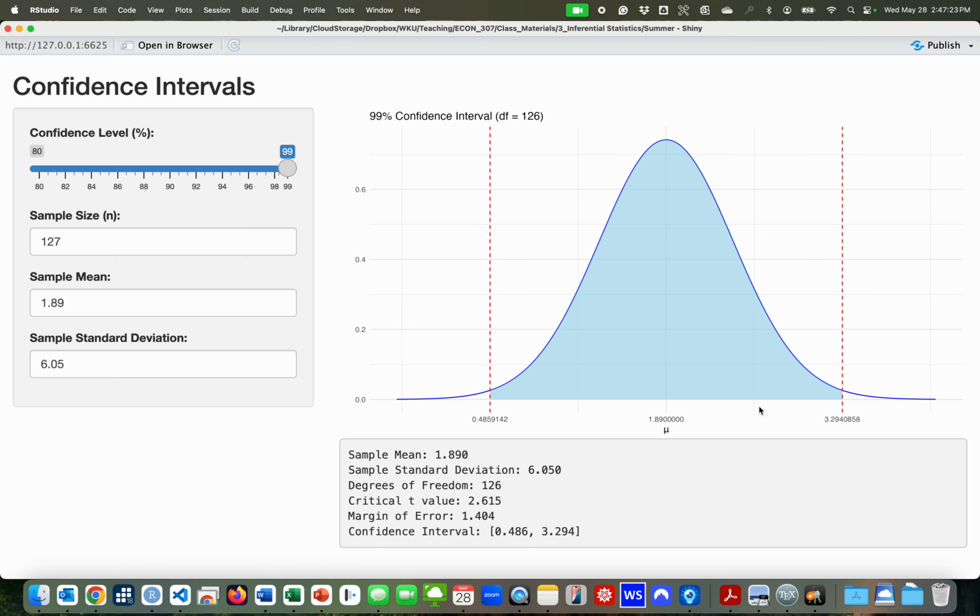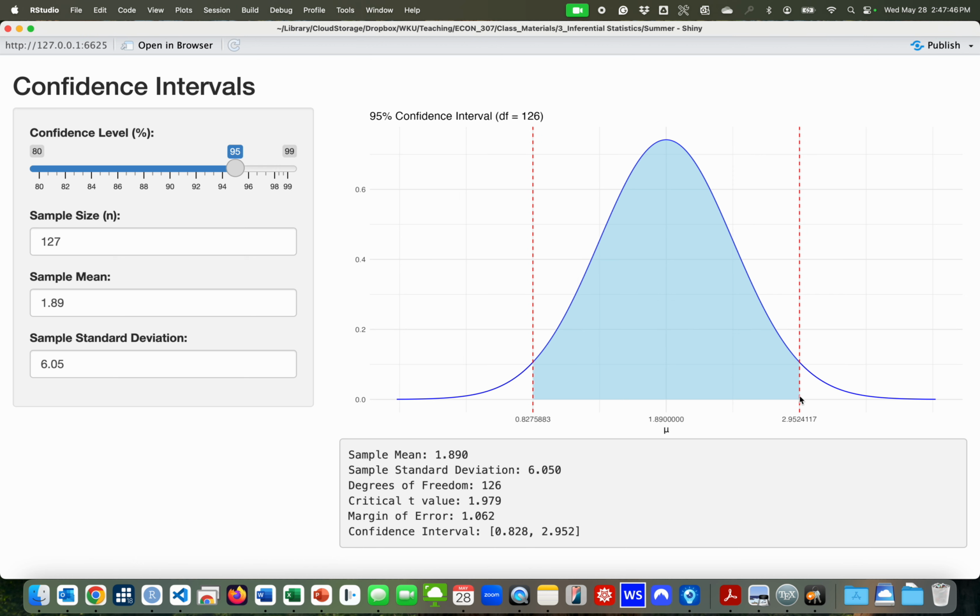The interval got wider. 3% is now inside of the interval that we think contains the true mean, and we fail to reject. So if the number that they claim to be true falls inside of the confidence interval, that means what they're claiming is consistent with what we're observing. We fail to reject. With 95% confidence, what they claim to be true is not inside the interval, so we reject their claim.